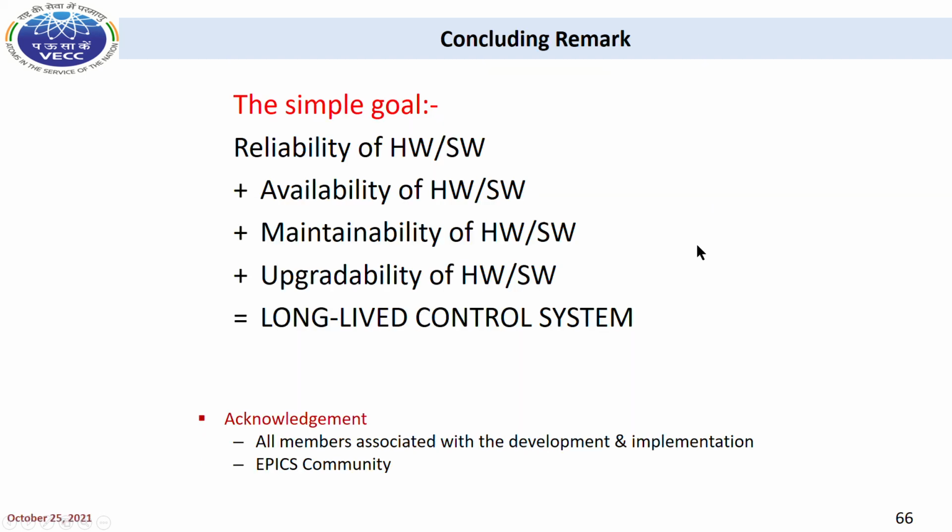So, as a concluding remark, I must say our goal is to develop a control system which is very reliable. Reliability means the trustworthy and satisfactory performance it gives in a specified environment.